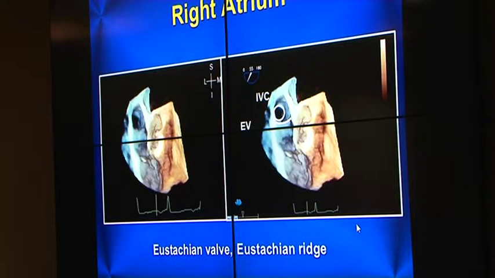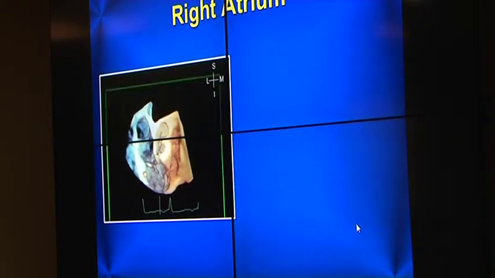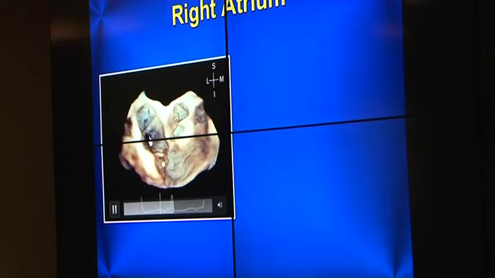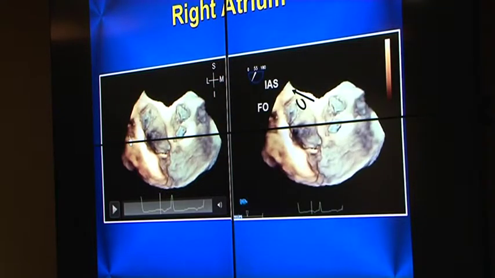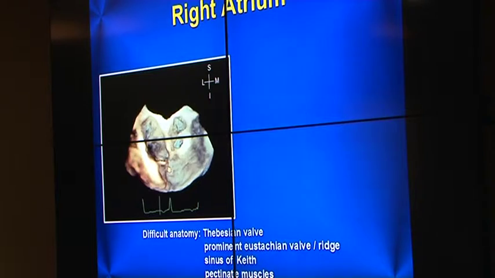So we can rotate the data set a little bit and you can see how much it separates the coronary sinus from the orifice of the vena cava inferior, and of course the fossa and the interatrial septum is more superior with this attachment on the middle portion.